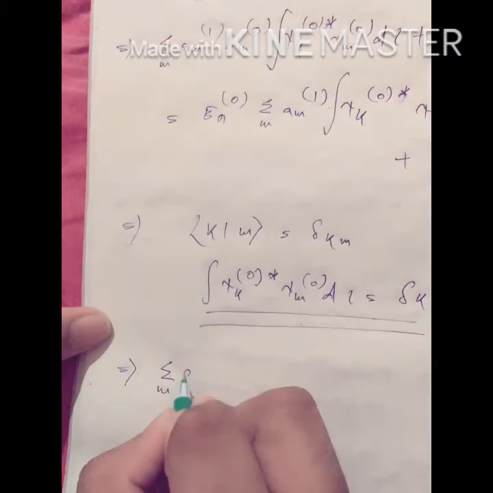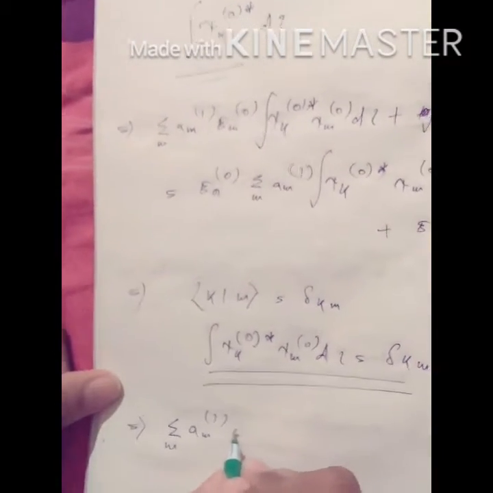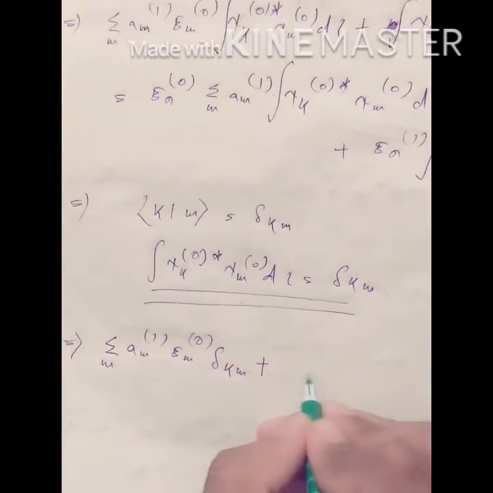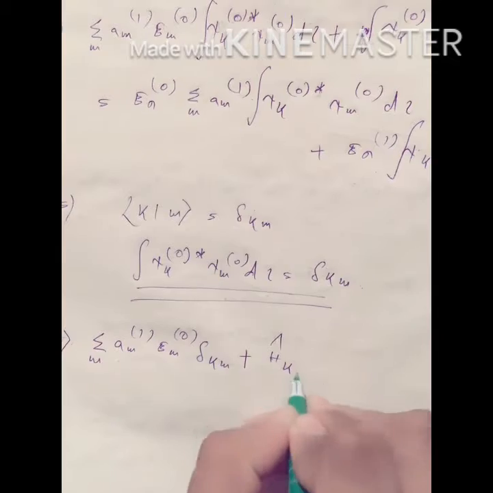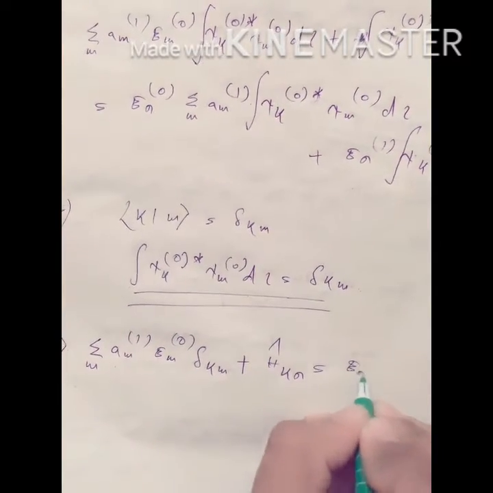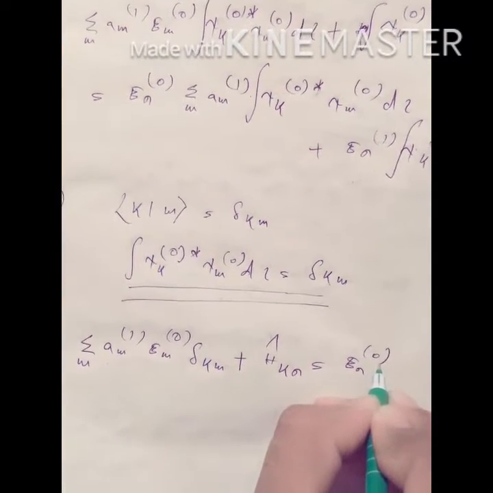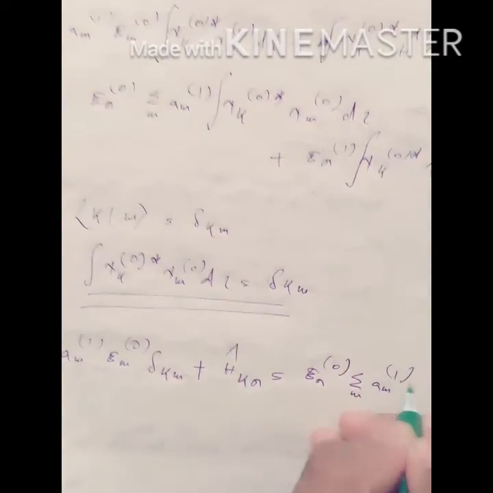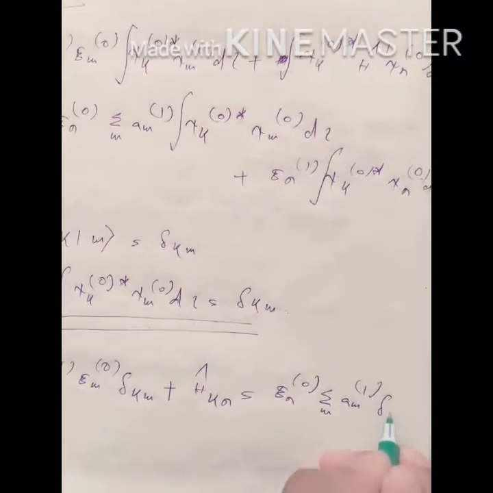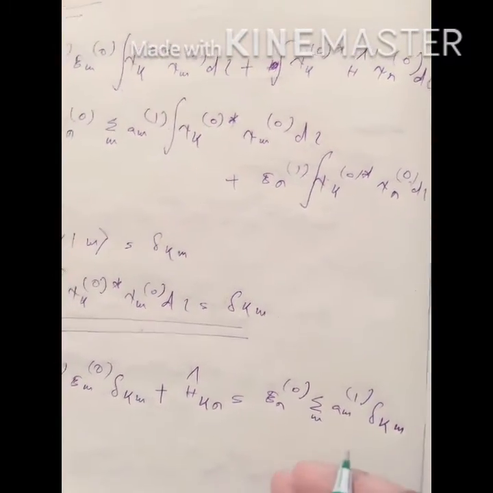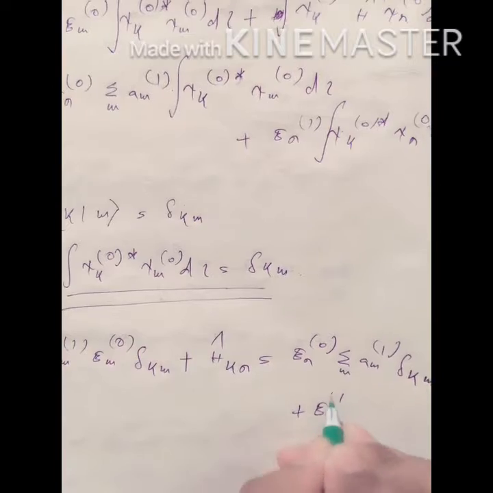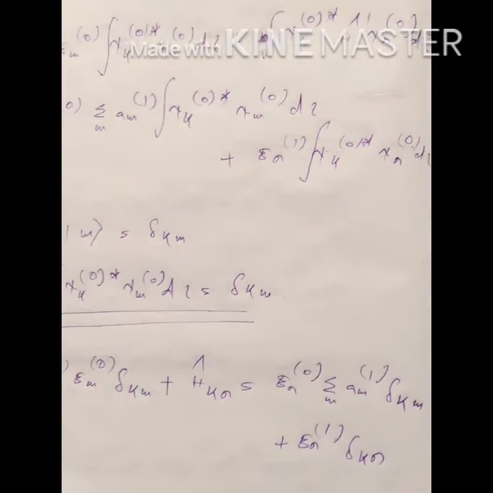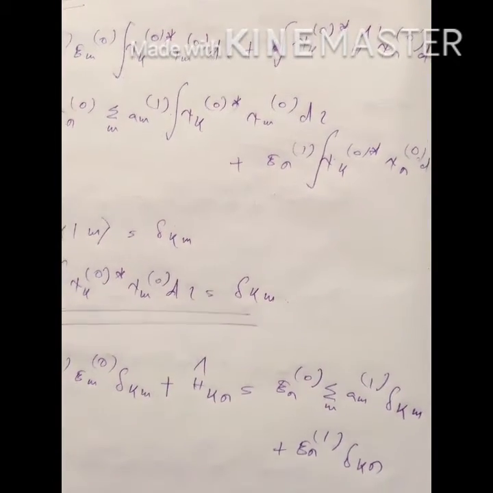The next step is Am1 Em0 delta km plus H prime kn is equal to En0 sigma Am1 delta km, plus En1 delta kn.